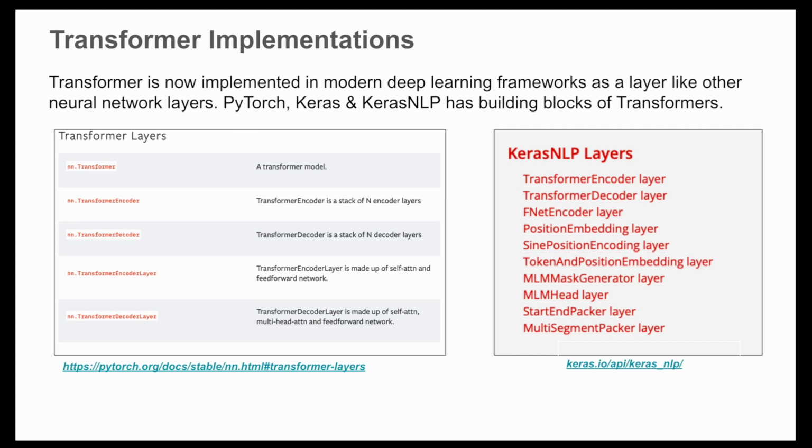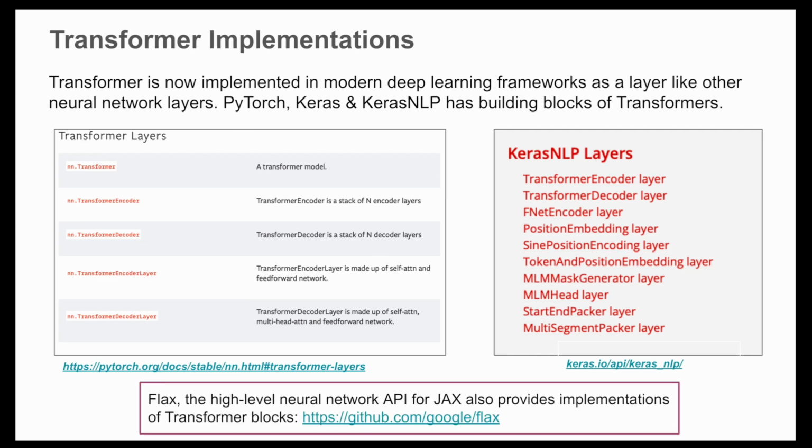So all these frameworks are starting to incorporate these recent state-of-the-art models as layers to make it easier for developers to use them. JAX also has some layers of transformer. If you look at Flax, which is a high-level neural network API in JAX, it provides an implementation of the transformer block.